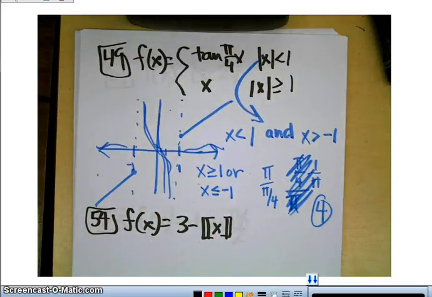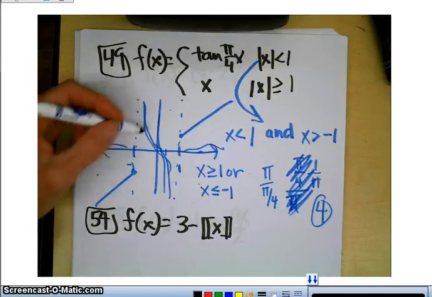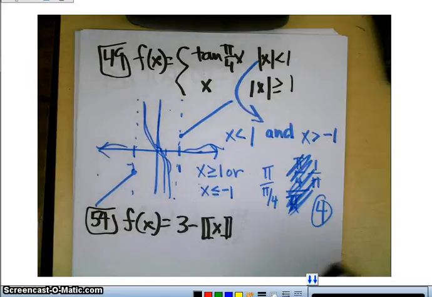Now the cool thing is, I'm just going to graph this on my graphing calculator to show you, which is really what you should do. It's kind of a waste of time if you are struggling with it. So I'm going to type in the tangent of pi x divided by 4, and hit graph, and see what happens.